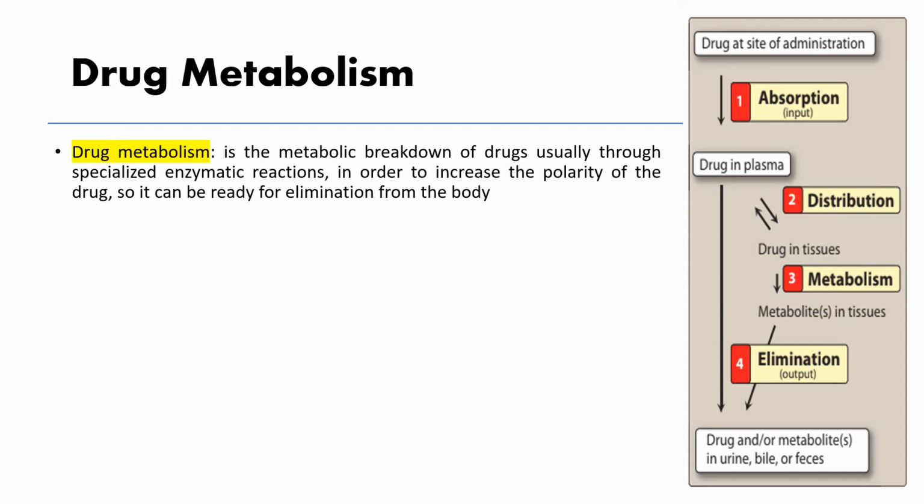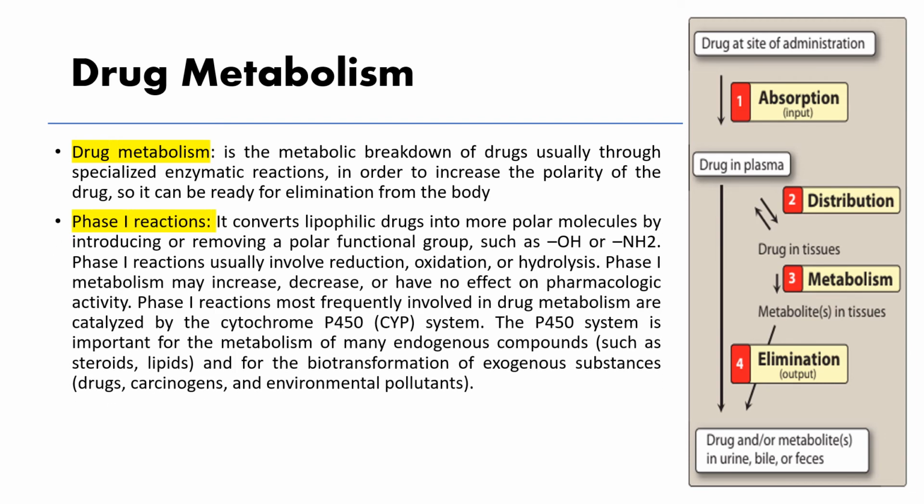Drug metabolism is the metabolic breakdown of a drug, usually through specialized enzymatic reactions, in order to increase the polarity of a drug so it can be ready for elimination from the body. Phase number 1 in drug metabolism converts a lipophilic drug into a more polar molecule by introducing or removing a polar functional group such as OH or NH2.